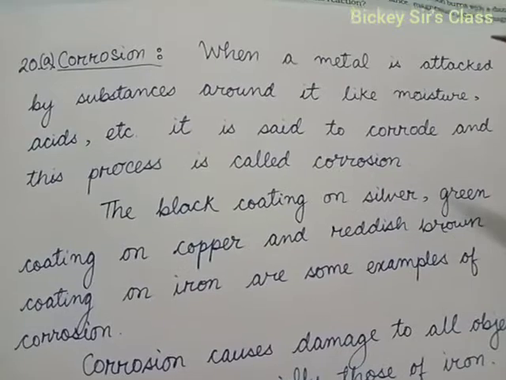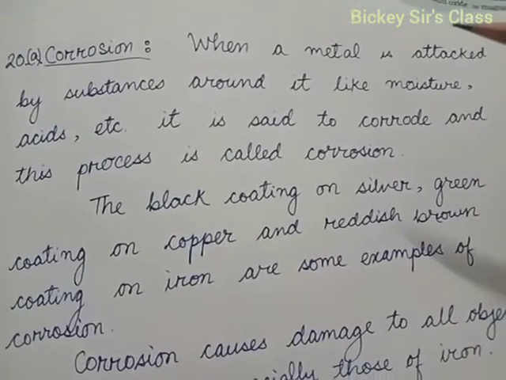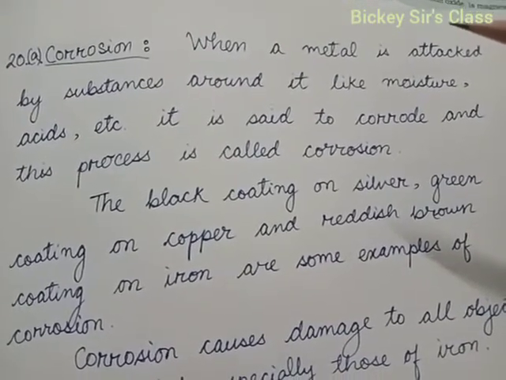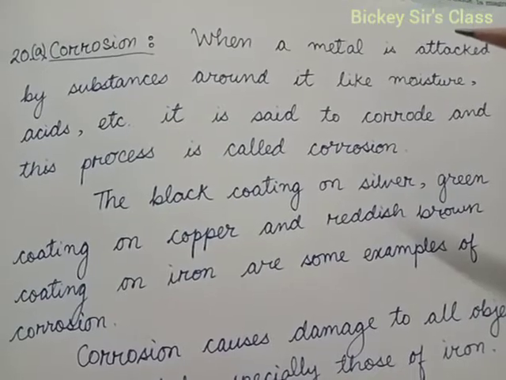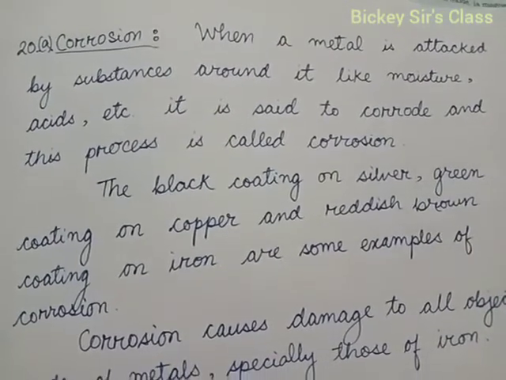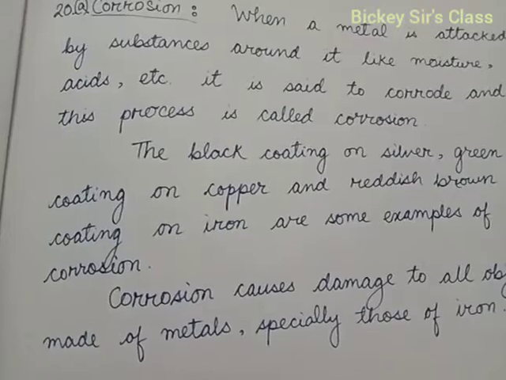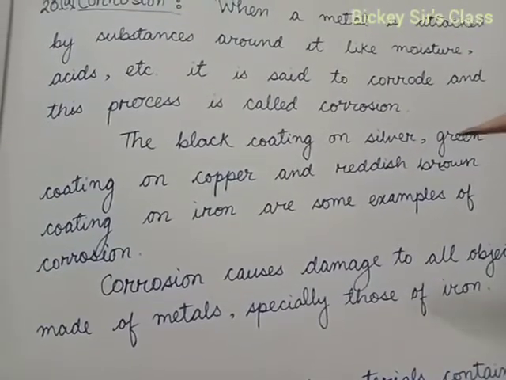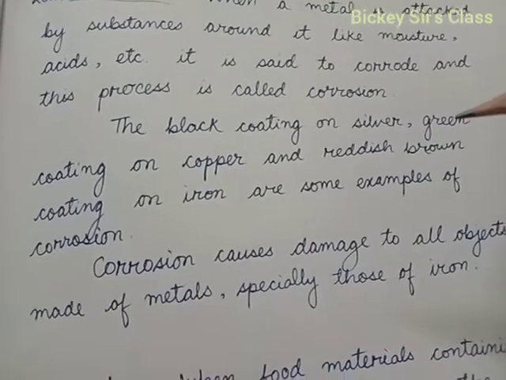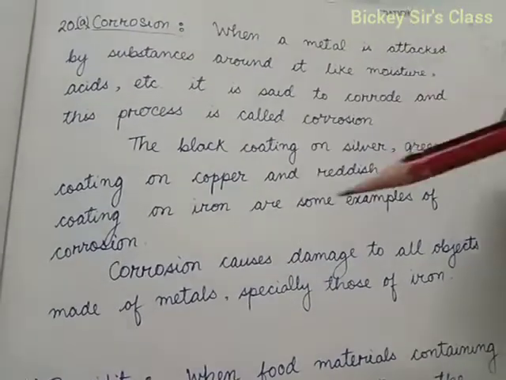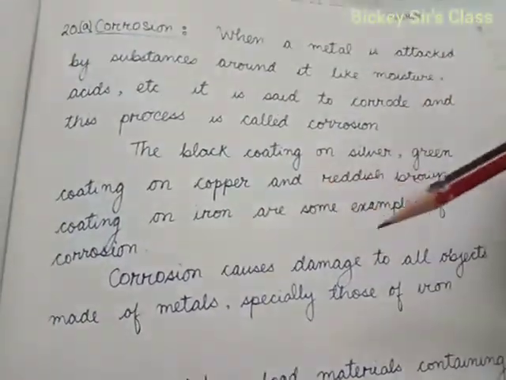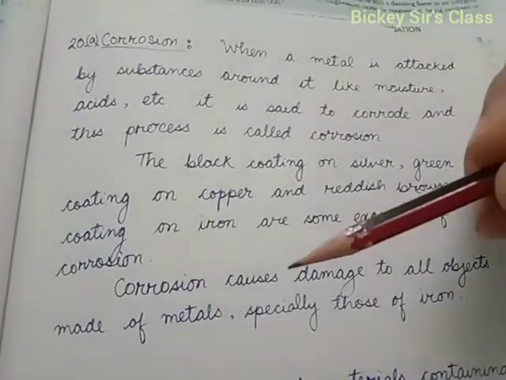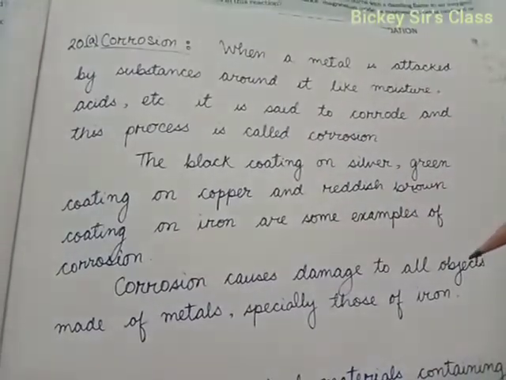Corrosion. When a metal is attacked by substances around it, like moisture, acids, etc., it is said to corrode, and this process is called corrosion. And the examples are the black coating on silver, the green coating on copper, and a reddish brown coating on iron are some examples of corrosion. And at last we can mention corrosion causes damage to all objects made of metals, especially those of iron.